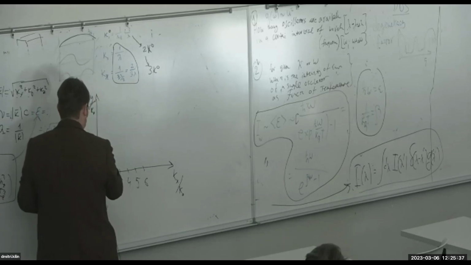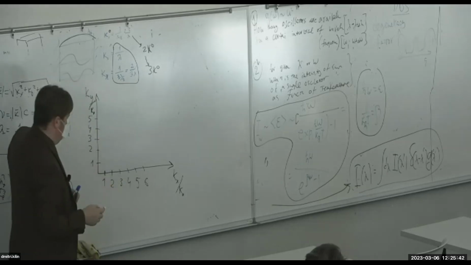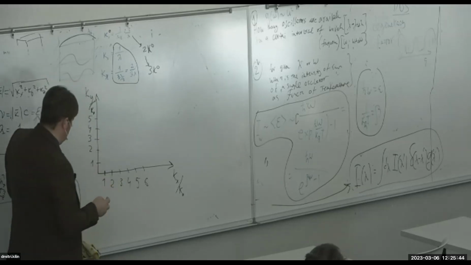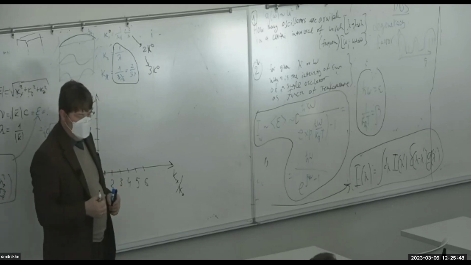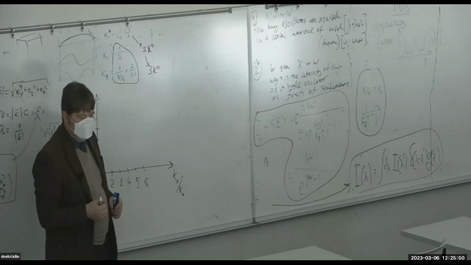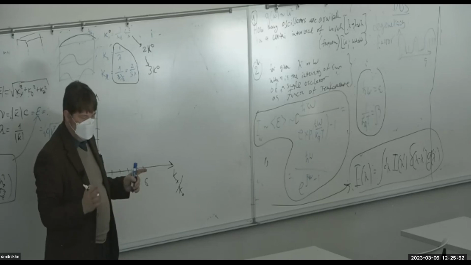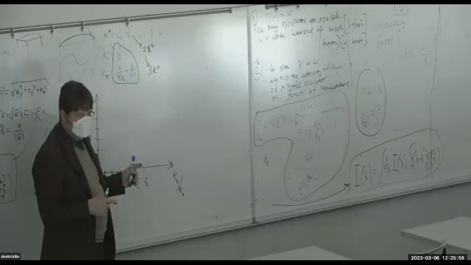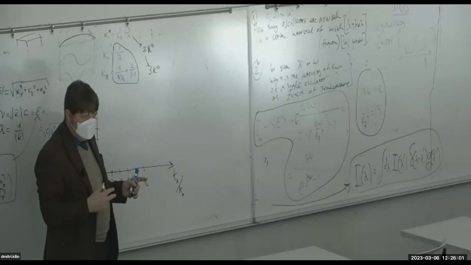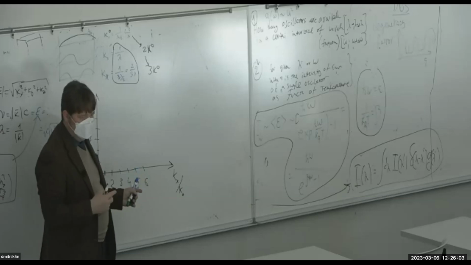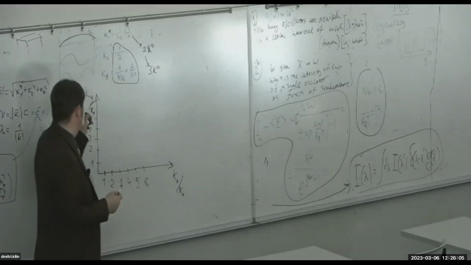Same for y. So a state of standing wave in the square two-dimensional resonator is fixed by two integer numbers, which are analogs of quantum numbers, kx over k naught and ky over k naught.